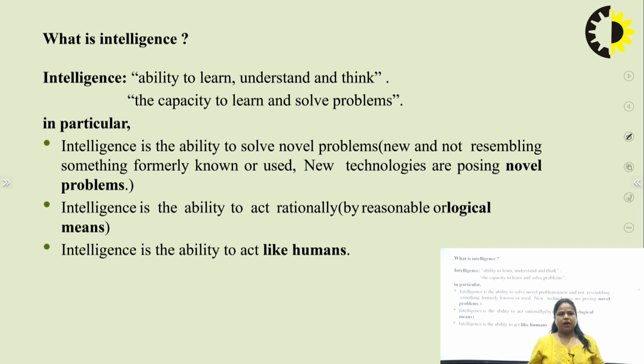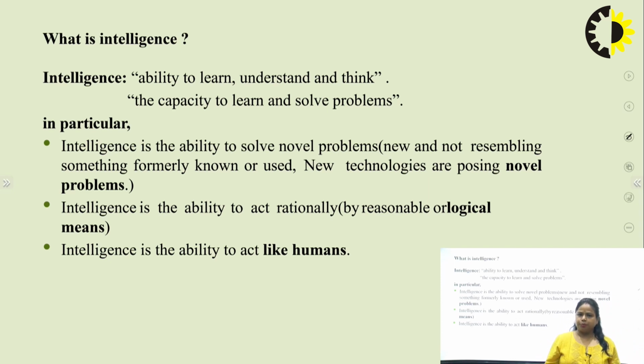In this situation, how we have to work on the system. Similarly, in this case, they have to apply their learning skills, they have to understand the problem, and from the given problem, they have to think about the solution to that particular problem. So in particular, we can say intelligence is the ability to solve novel problems.